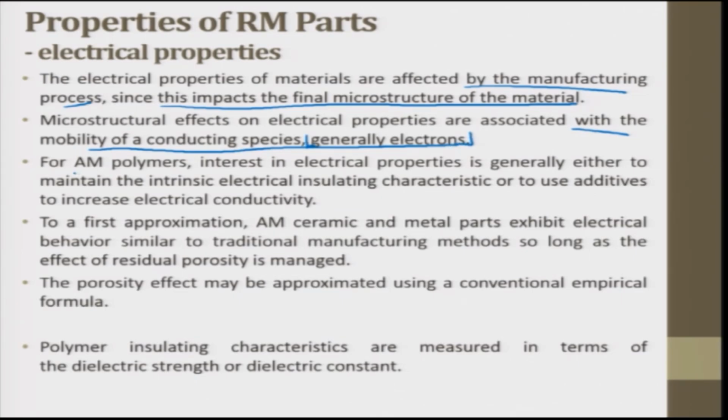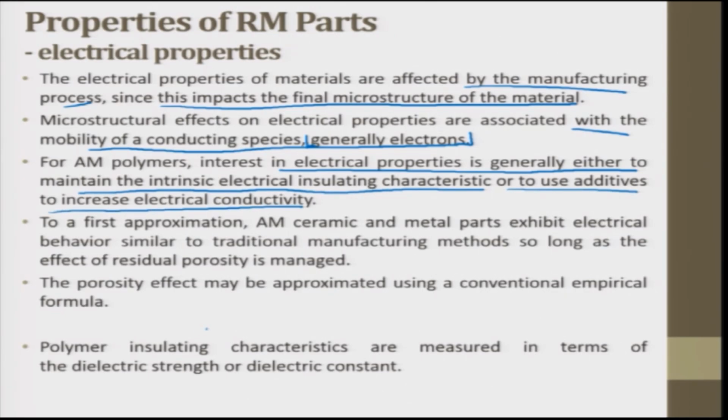In additive manufactured polymers, interest in electrical properties is generally either to maintain the intrinsic electrical insulating characteristic or to use additives to increase electrical conductivity. Improvements to additive manufactured polymer electrical conductivity can be done by additions of a conductive media such as carbon. Carbon is a great candidate that can help to improve the electrical conductivity.